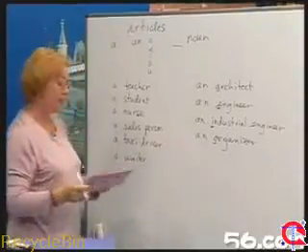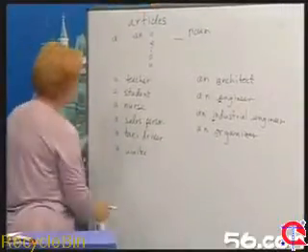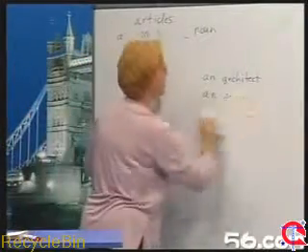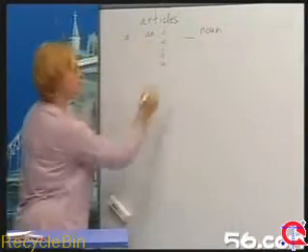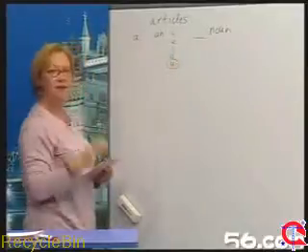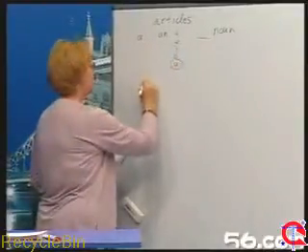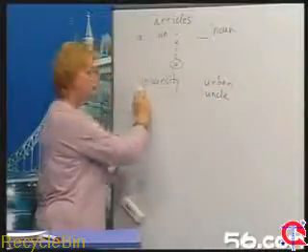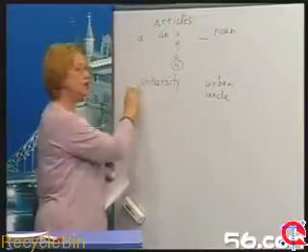All right? Now, we're going to talk about U for a moment. U has two sounds. For example, university, urban, uncle. Okay? U, but it's a different sound.